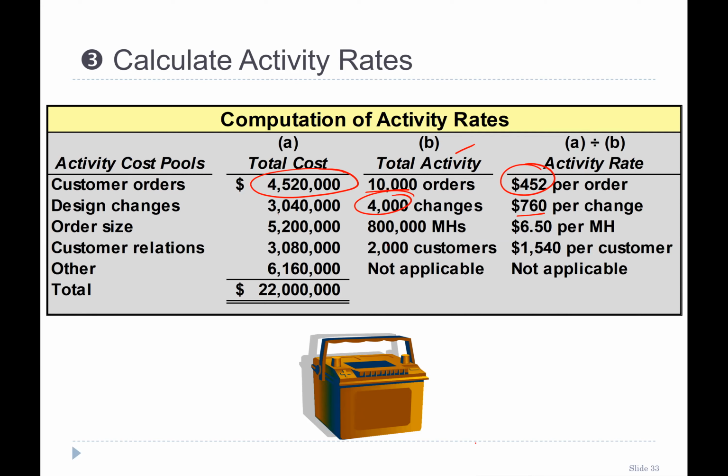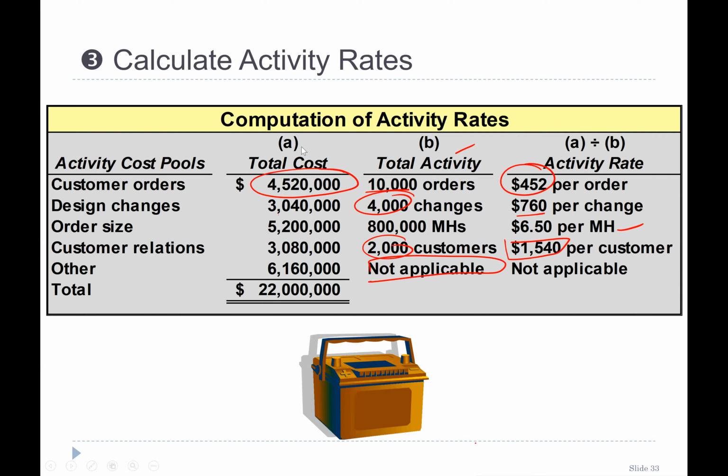Similarly, order size is 5.2 million divided by 0.8 million machine hours. The answer is 6.5 per machine hour. Customer relation is based on the number of customers, 2,000 customers. So each customer costs us $1,540. And for others, we cannot, because there is no activity rate applicable here, right?